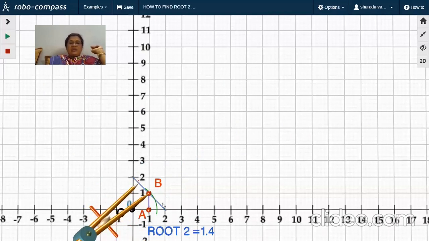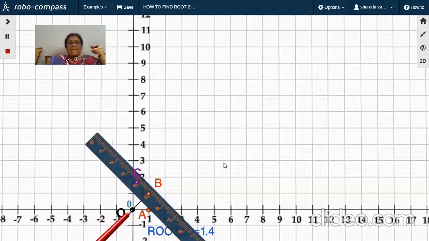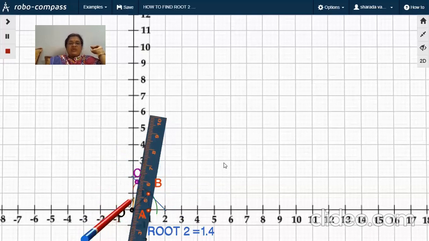When you draw a perpendicular like this to the OB line segment, again you take 1 unit distance from B. You have to locate a point C at a distance of 1 unit like this with a compass. Again, join OC. This is the point C.